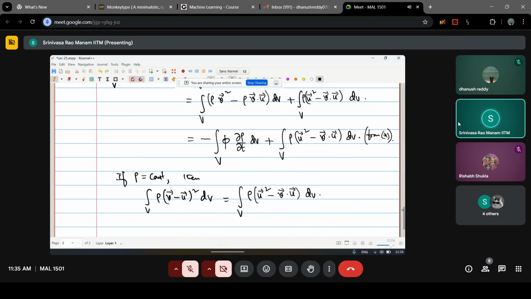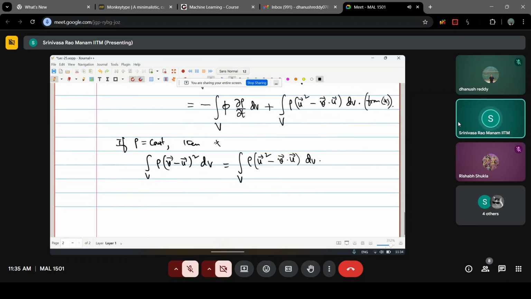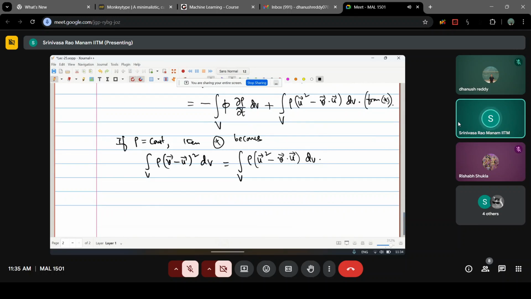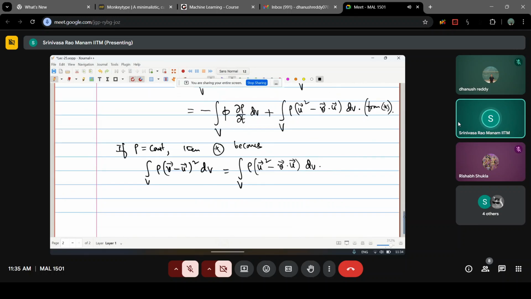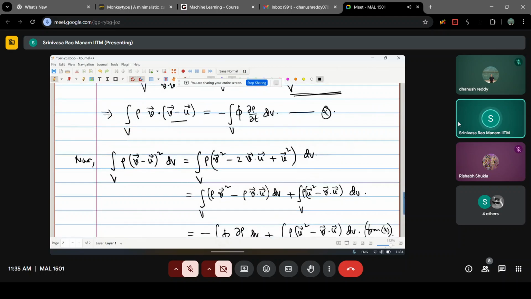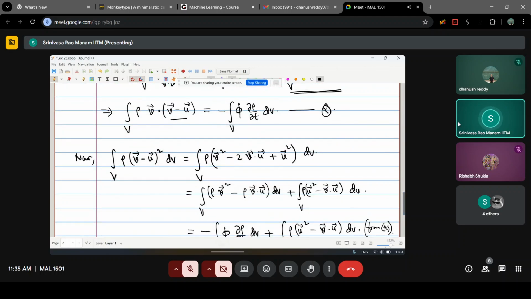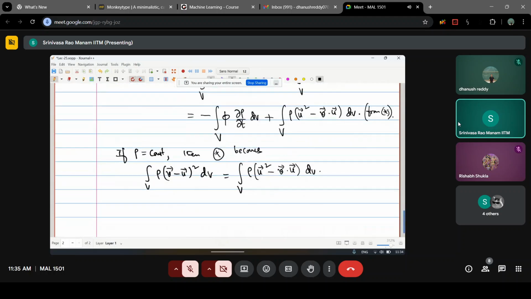Okay, so star becomes what? Rho is constant. First of all, star becomes: left hand side is rho v square equal to rho v dot u, right hand side is 0, right? So integral over V of rho u square dV is the same as integral over V of rho v bar dot u bar dV.